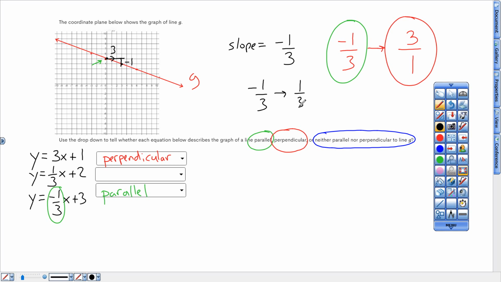That really doesn't do anything for you. That would be the neither choice. Because again, if I did a slope of 1/3, that's not parallel. Let me show you what a parallel line looks like. A parallel line has the same slope of over 3 down 1, but a different y-intercept.